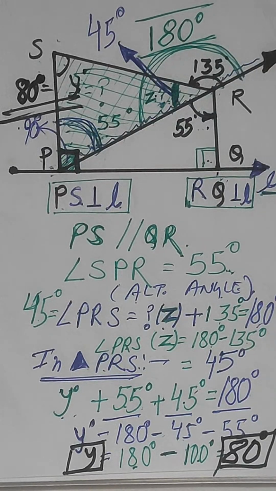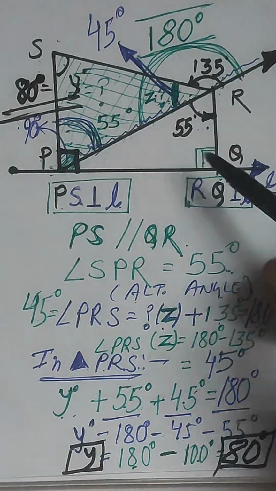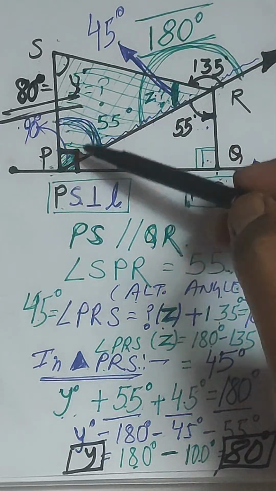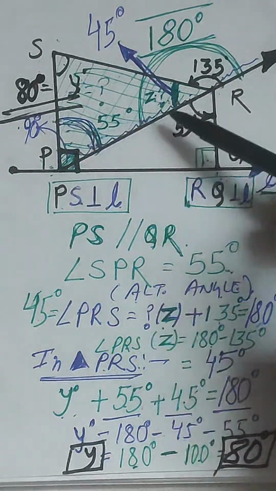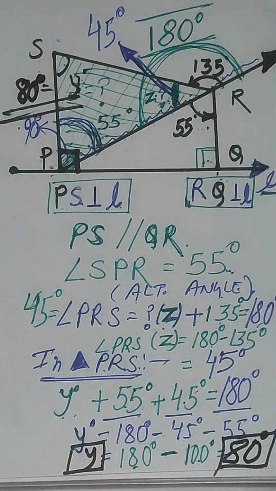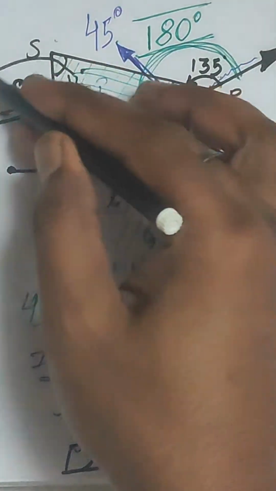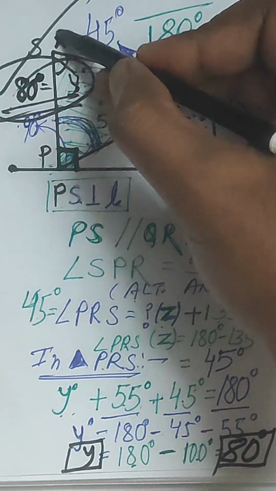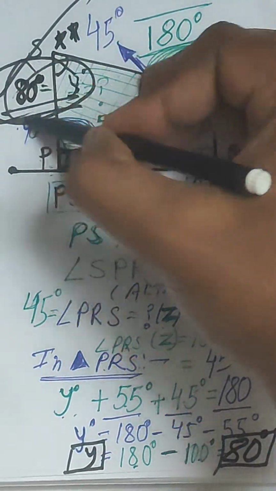Using the concepts of alternate angle, linear pair, sum of all angles of a triangle, the transversal, co-interior angles, all these concepts have been used, and we have calculated the value of y.